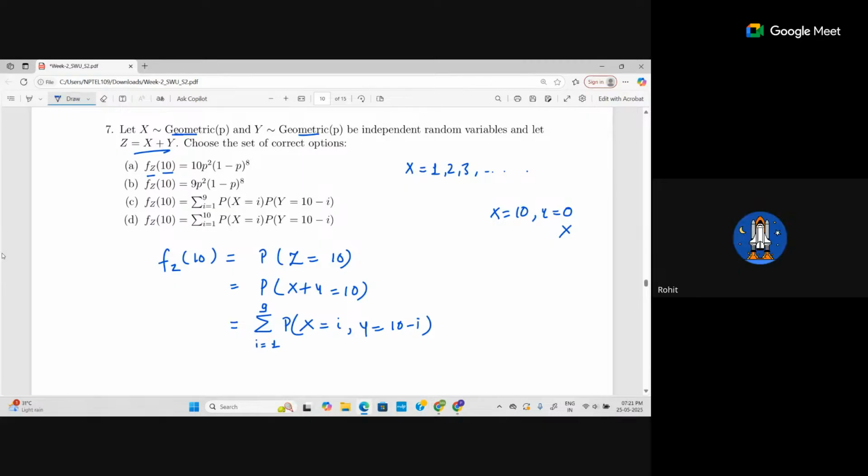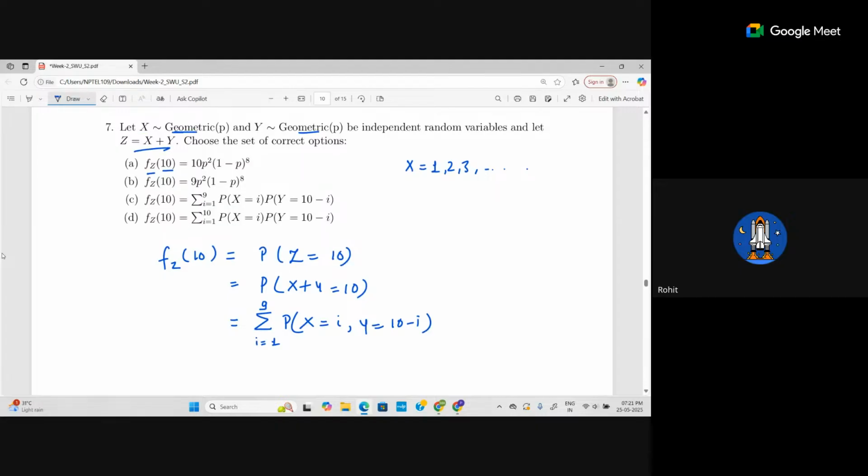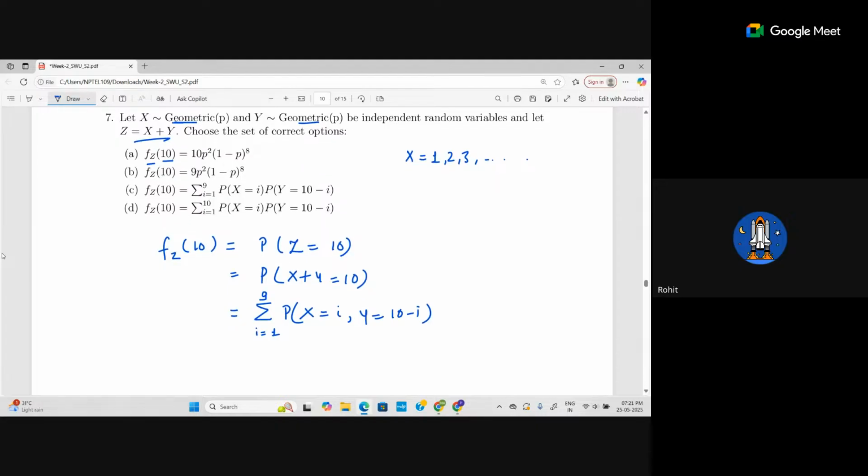So the range will start from 1 and go up to 9 only. And for anything more than 10, y will become negative. That's not even possible, so we are limiting it to 9.